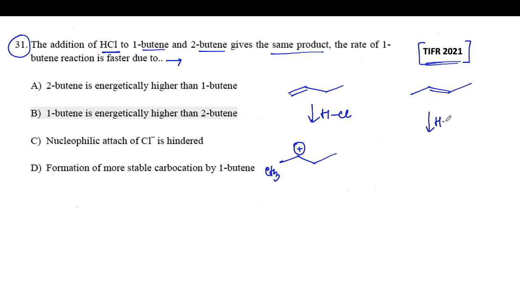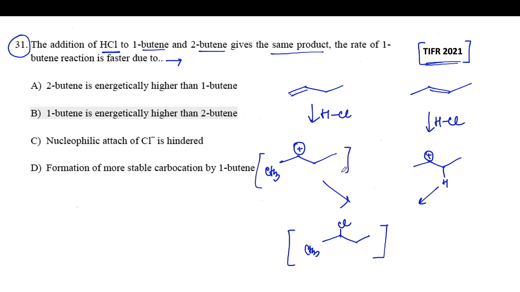And if you're adding the HCl over here, let's say you've added the hydrogen this side, you got the same intermediate, isn't it? And now they are going to be attacked by Cl to basically give you the same product. There is your Cl. Even if you are adding the hydrogen over here and the Cl over here, it will be the same molecule. You can just rotate and see. So this is the same product.